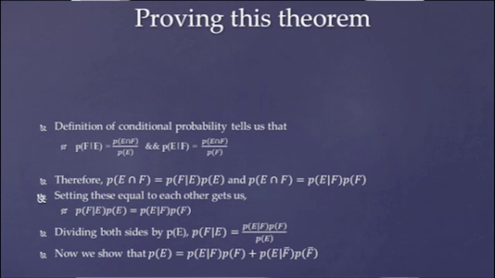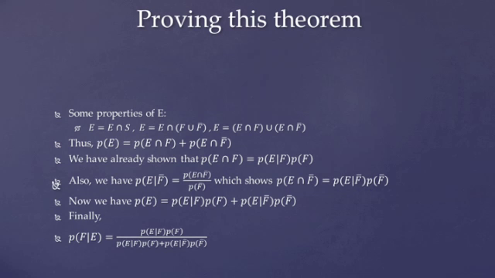Now, as our denominator is the probability of E, we can simplify that a bit. We can show that the probability of E is equal to the probability of E given F times the probability of F plus the probability of E given not F times the probability of not F. So, some properties of E. E is equal to E and S, S being the sample space.